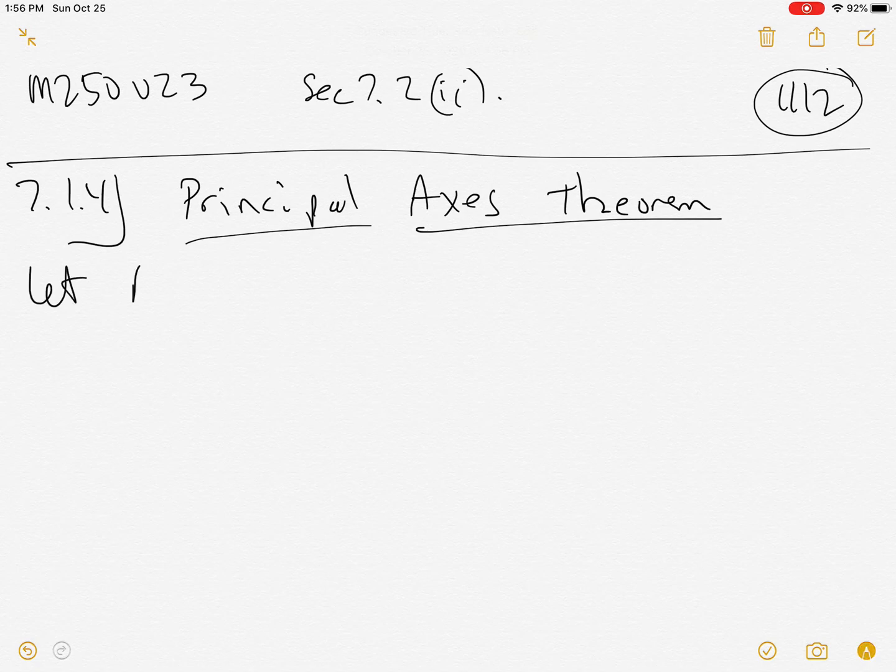Here we go. So let A be an m by n symmetric matrix.